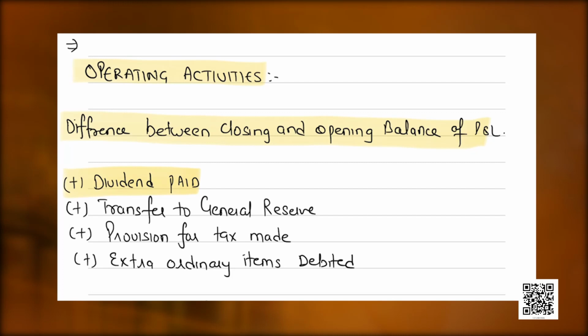Clear? Now, you must have transferred profit to the general reserve. For retained earnings, most companies transfer a bit of profit to general reserve, so that it can be used in the future. But students, do you know, we just make an entry in the books of account to transfer to general reserve, and it appears on the debit side of the profit and loss account.